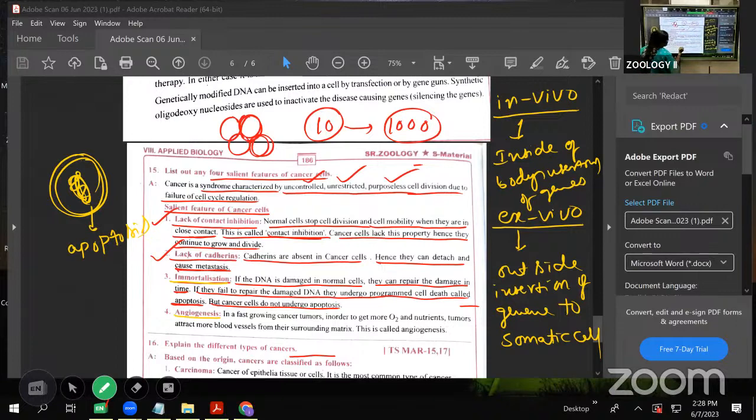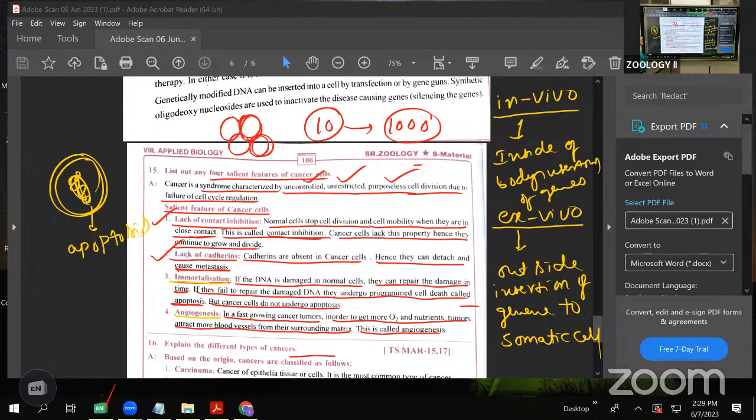In fast-growing cancer tumors, in order to get more oxygen and nutrients, the tumor attracts more blood vessels. Here the tumors, the cancer cells, mainly attract blood vessels from the surrounding matrix. More blood vessels enter the cancer cells, and the blood supply is more.